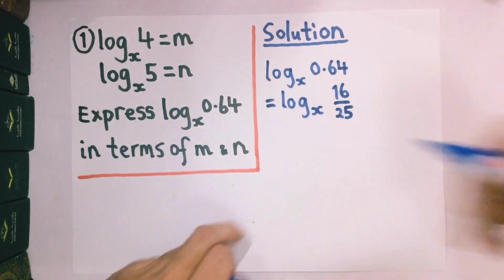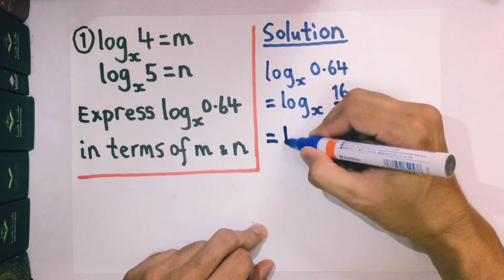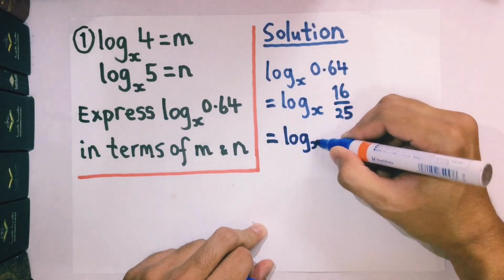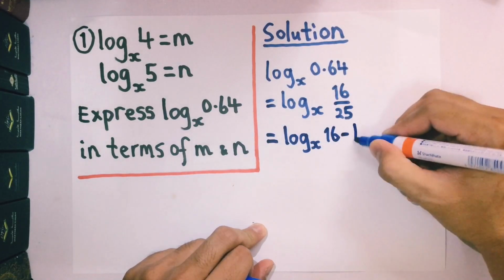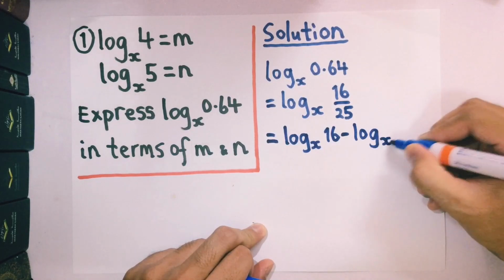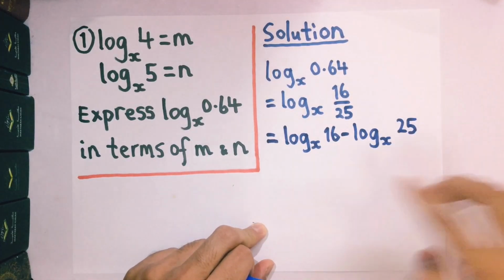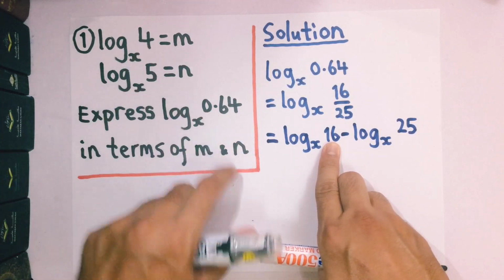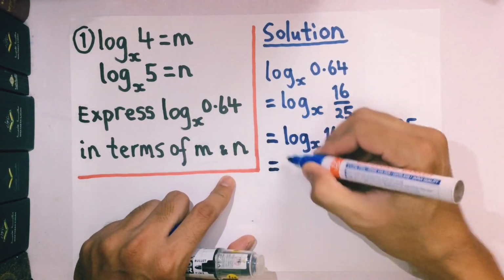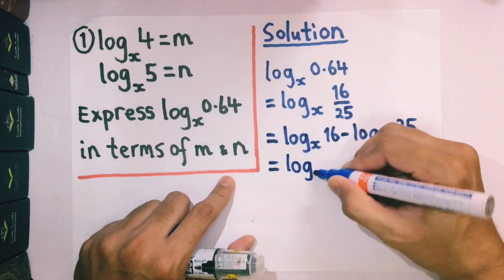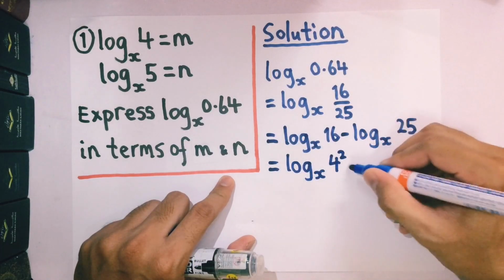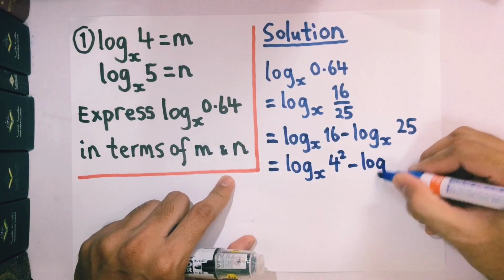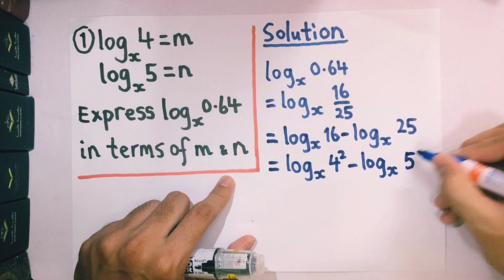So you're gonna subtract, log x 16 minus log x 25. Now look at your 16. 16 is 4 square, so you can use this one. So equals to log x 4 square, and then minus, same thing here, 25 is 5 square, so you're going to change to 5 square.